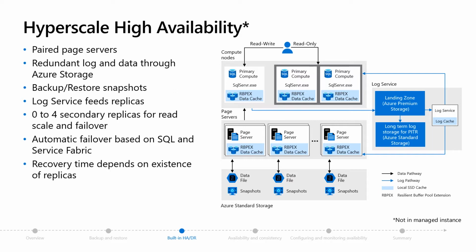So this is very interesting, but as you might think, if you choose 0 replicas, when you have to do a failover, it's going to behave similar to a failover cluster instance or the general purpose service tier, and it might take a little bit longer because you don't have a hot replica ready. Whereas if you have 1 or more readable replicas in hyperscale, we can make this failover happen much faster.